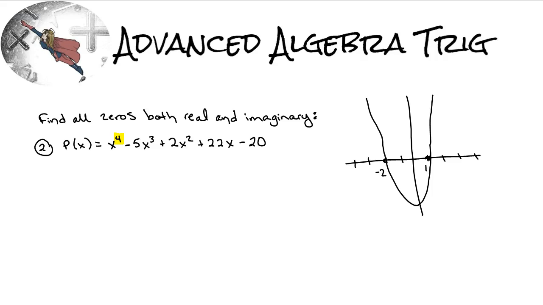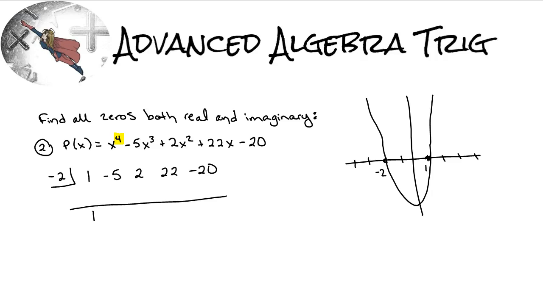But what we're going to do is take either one of those numbers, let's say -2, and do synthetic division on our original equation. So I'm just copying down the coefficients, and then I'll do the synthetic division.